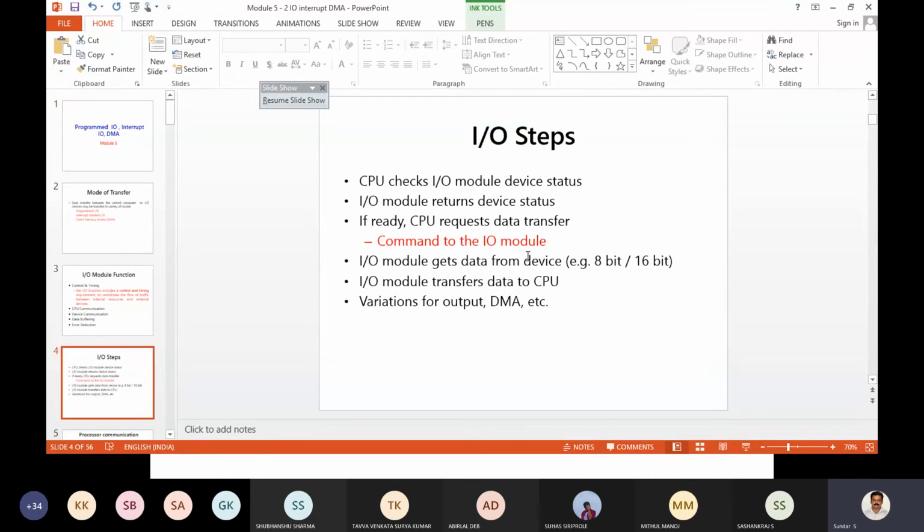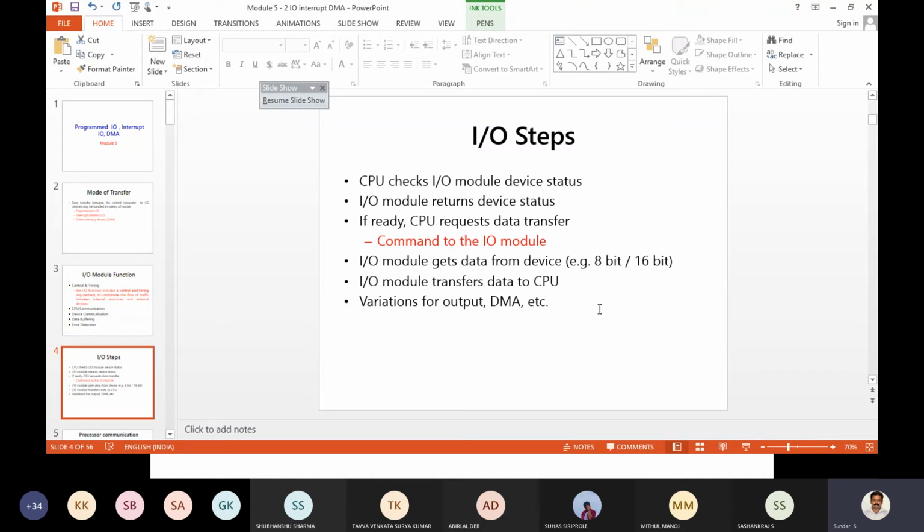The data transfer may be 8-bit, 16-bit, like that. Sometimes the CPU can understand everything in 16 bits, but the devices are sending data only 8 bits at a time. Then the IO model will collect two 8-bit pieces and make a 16-bit word. That 16-bit information will be transferred to the CPU. So that is also possible.